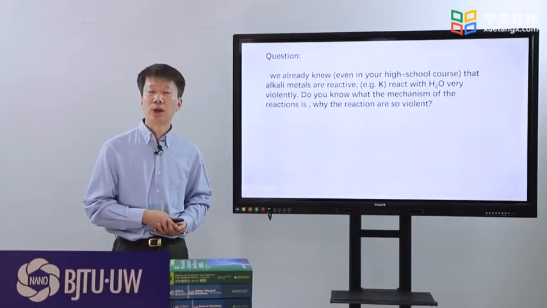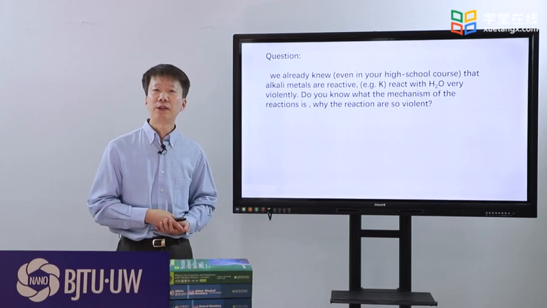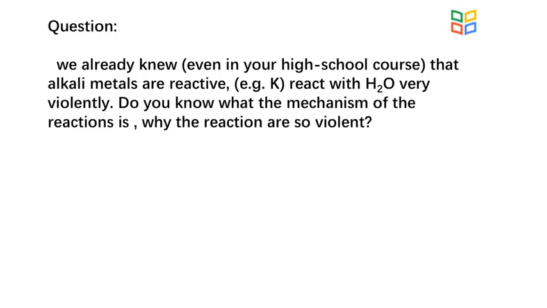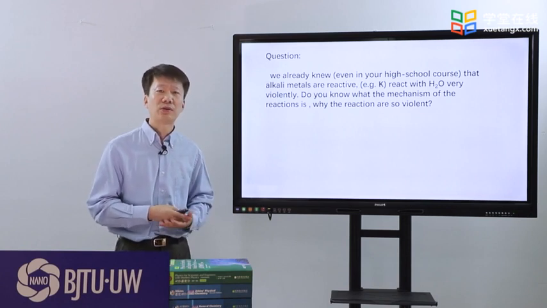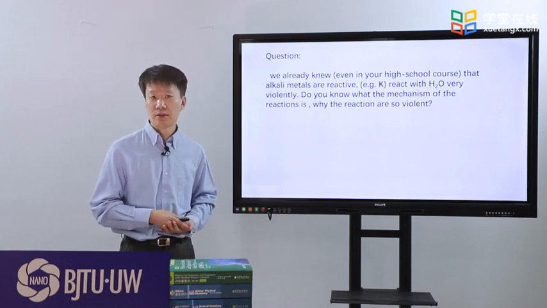Question. We already knew, even in high school, that alkali metals are reactive. For example, potassium reacts with water very violently. Do you know the mechanism of the reactions? Why are the reactions so violent?